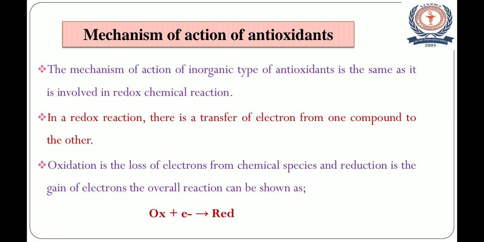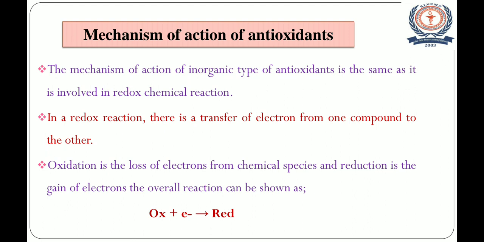There is transfer of electron from one compound to the other. Oxidation is loss of electron from one chemical species and reduction is gain of electron. So we can see here the overall reaction. In oxidation there is loss of electron and simultaneously another species is getting that electron, which is the reduction process.